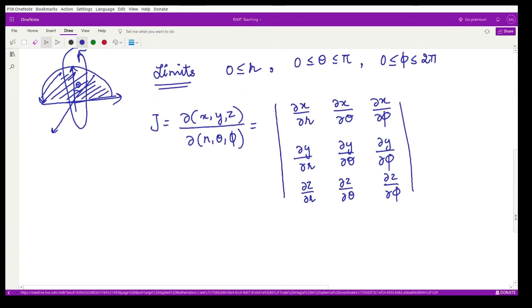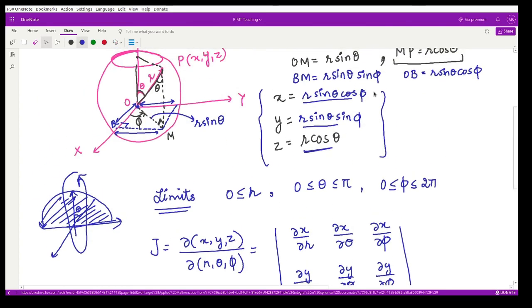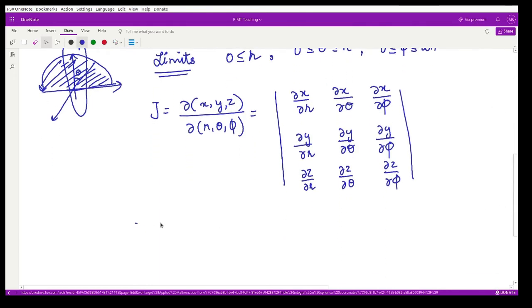So here we know the relationships, so we can calculate the partial derivatives. It is simple. So accordingly, we have the derivatives as sine theta cos phi, and then r cos theta cos phi, and then we have minus r sine theta sine phi.